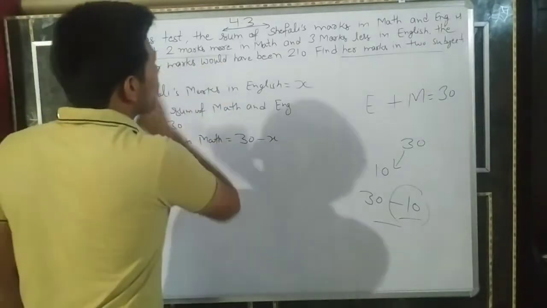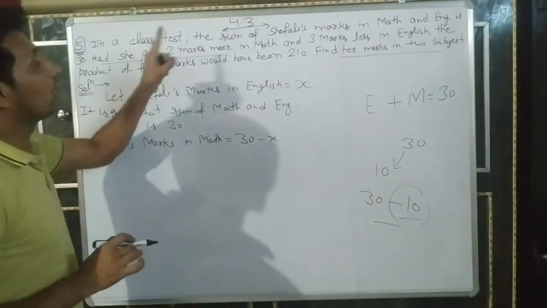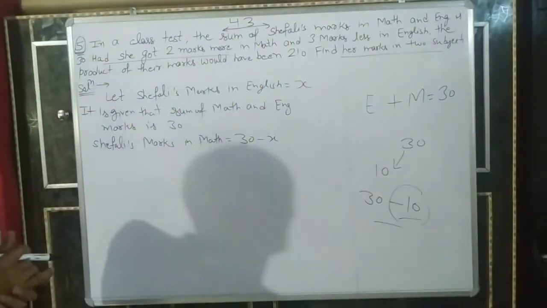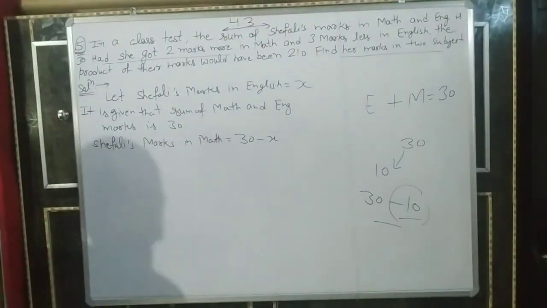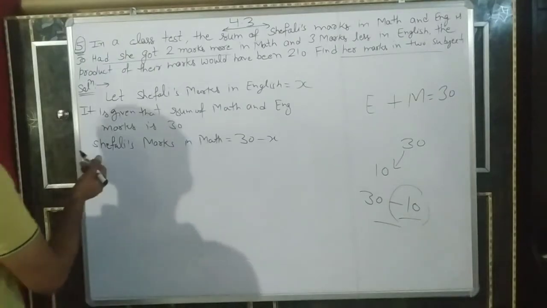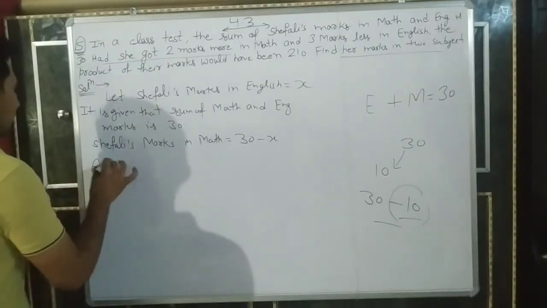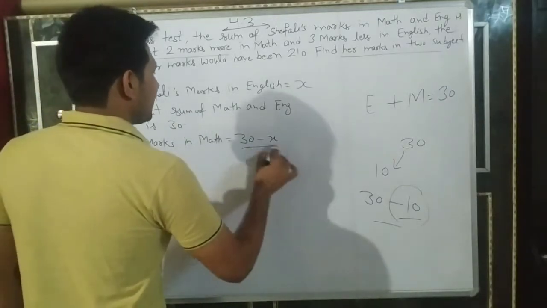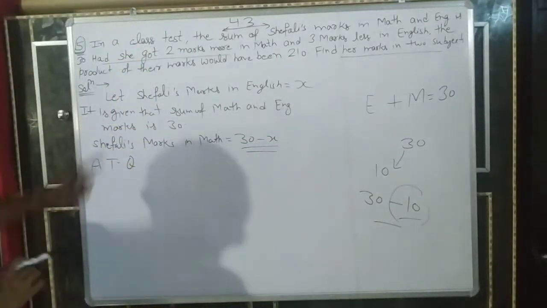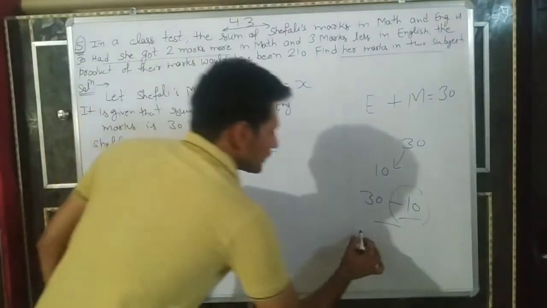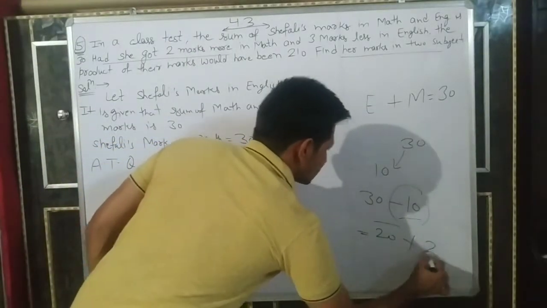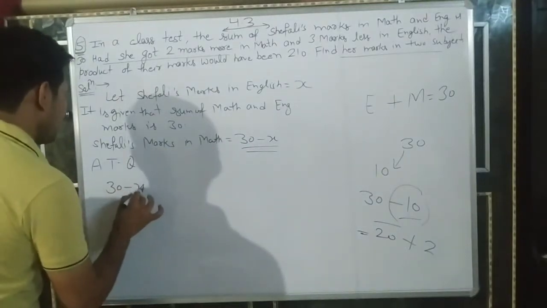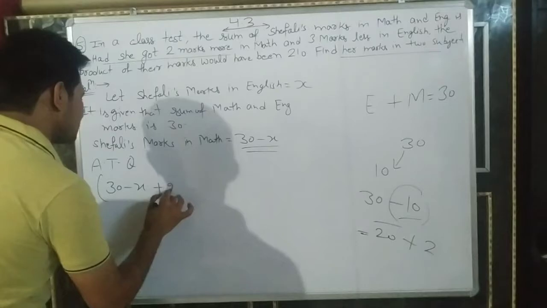Now the second part. Had she got 2 marks more in mathematics, we will write according to the question. How much marks in mathematics? 30 minus X. So 2 marks more, so it means marks in mathematics are 30 minus X plus 2.